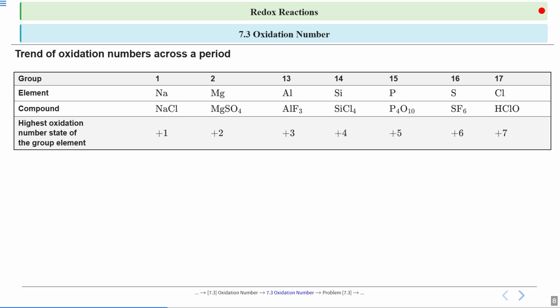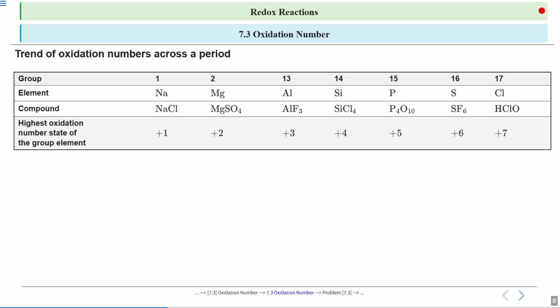In the given table, you can clearly see the highest oxidation number of the representative elements like sodium, magnesium, aluminum. What does this imply? It implies that the highest value of oxidation number exhibited by an atom of an element generally increases across the period of a periodic table.